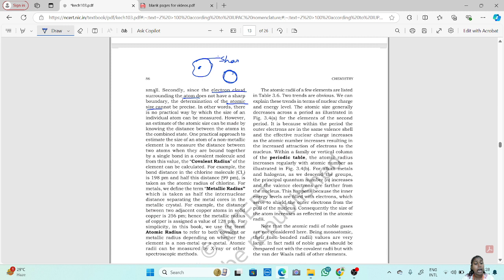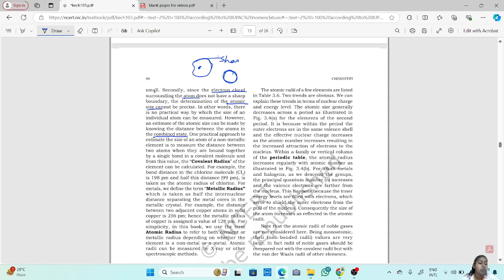Now however, an estimate of the atomic size can be made by knowing the distance between the atoms in the combined state. So how will you find the atomic size? You can find the atomic size when they are in a combined state, when that atom is combined to another atom of the same or different kind. Once they are combined, you can estimate.